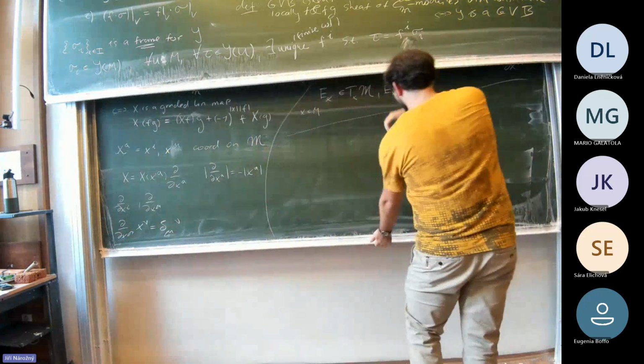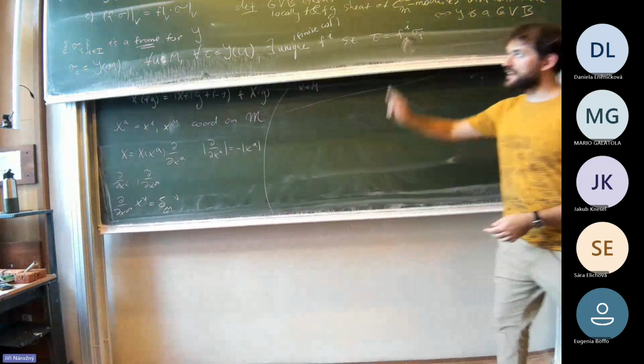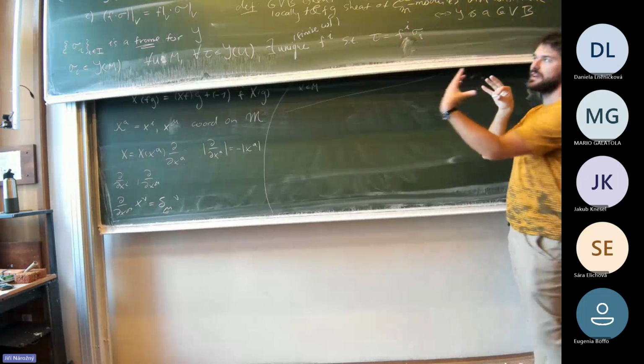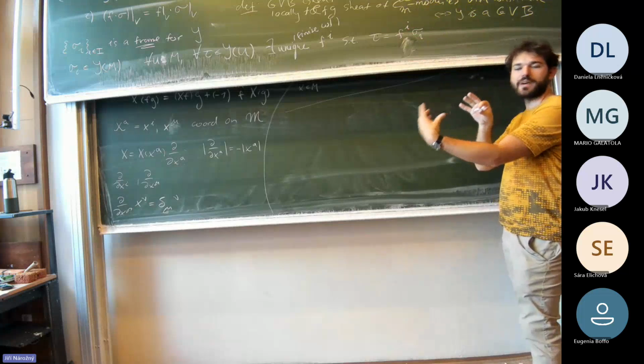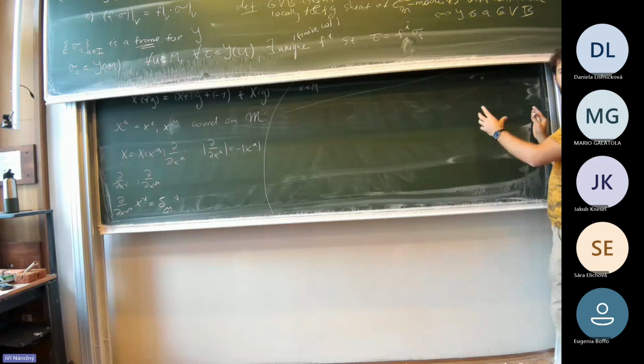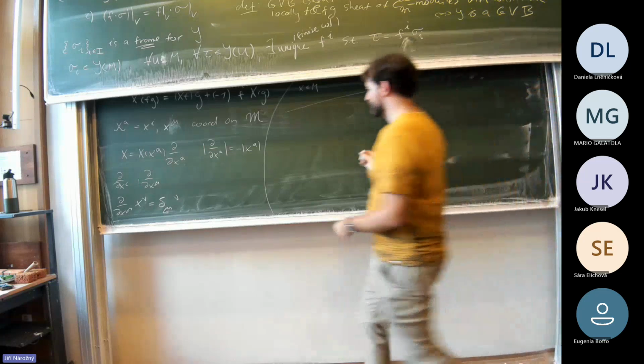As in the beginning, we talked about the difference between R^{n|m} as a graded vector space and as a graded manifold. They are now sort of different.